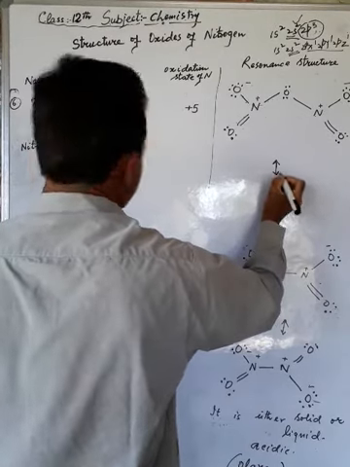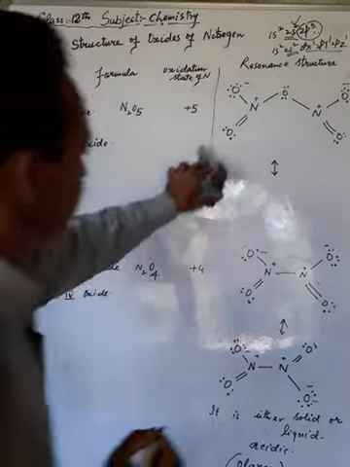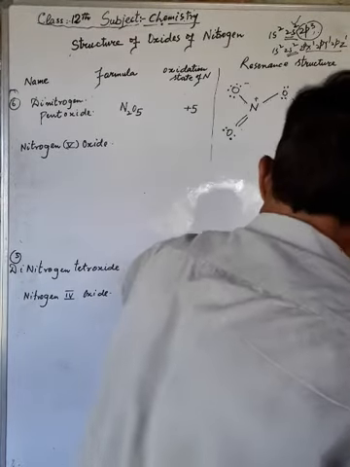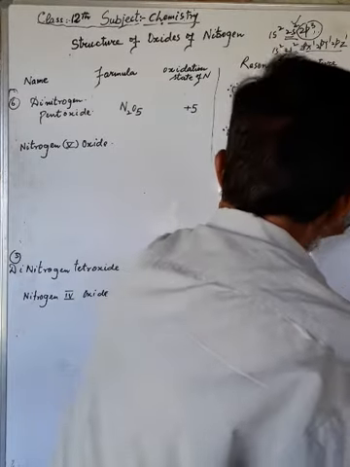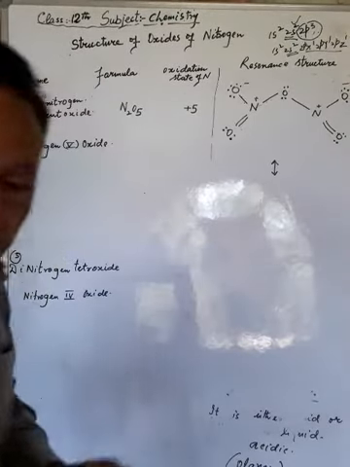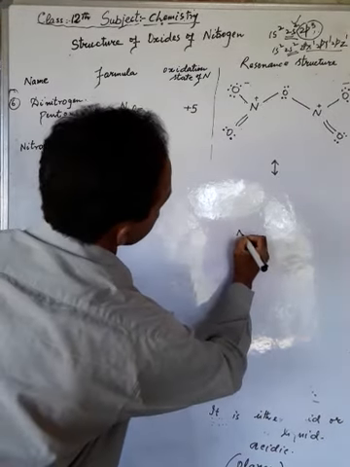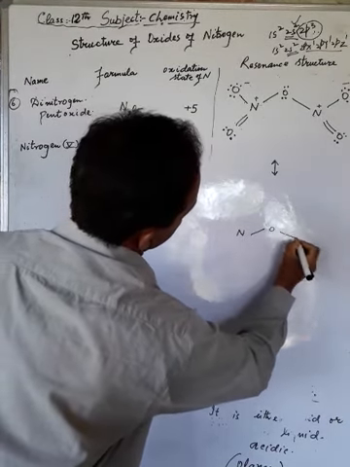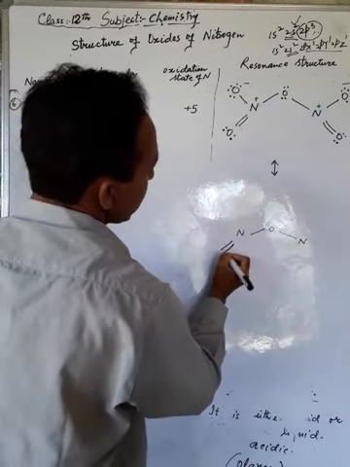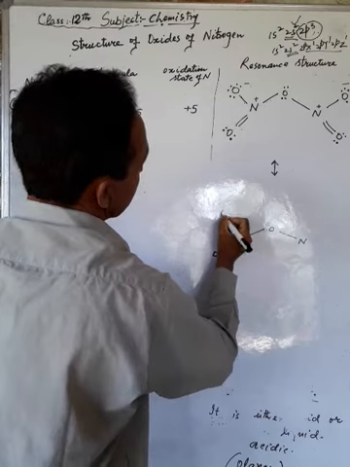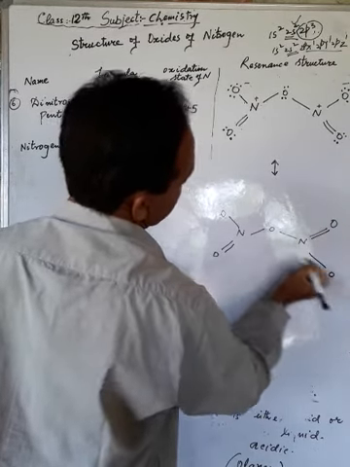Or this structure can also be written, resonance structure can also be written like this. Can also be shown like this: nitrogen, ऑक्सीजन, नाइट्रोजन, ये जो डबल बॉन्ड एक ही साइड में है, this can be double bond and this is single.